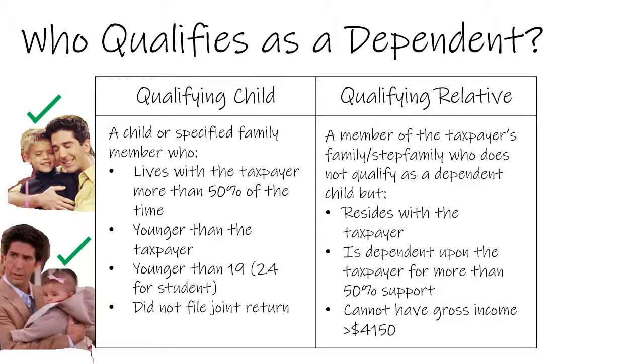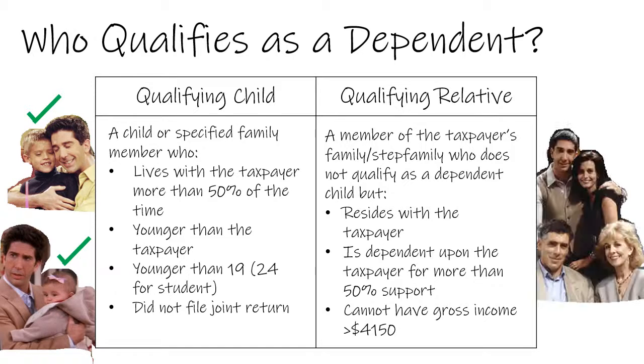A qualifying relative is a member of the taxpayer's family or stepfamily who does not qualify as a dependent child, but who resides with the taxpayer, who is dependent upon the taxpayer for more than 50% of their support, and whose gross income does not exceed $4,150. So let's look at Ross's parents and his sister.